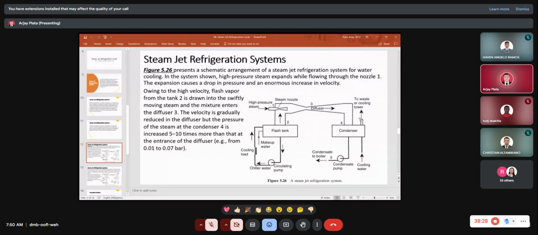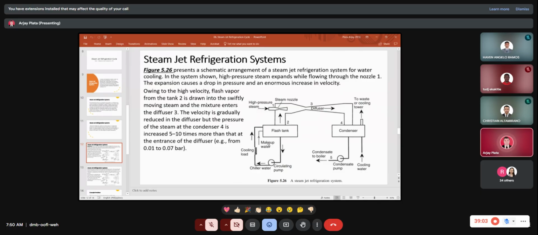So by the way, refrigeration happens at the flash tank wherein we are producing chilled water here at this flash tank. So this is the refrigerant that we use to cool down a system.